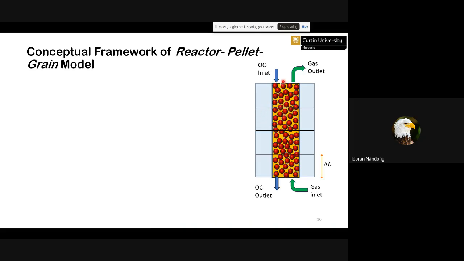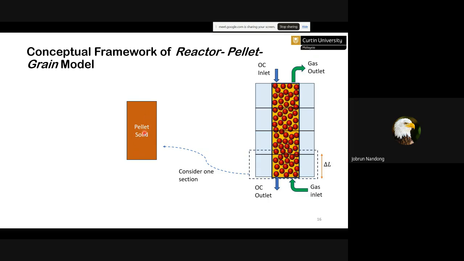This reactor could be quite long, a few meters long. So what we do is divide it into sections. Let's say the length of each section is delta L. Consider now one section here. We can lump together all of the pellet solid inside the section, for the entire set of pellets, into a single zone.